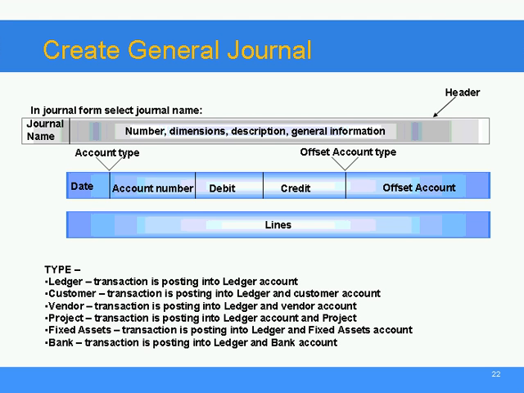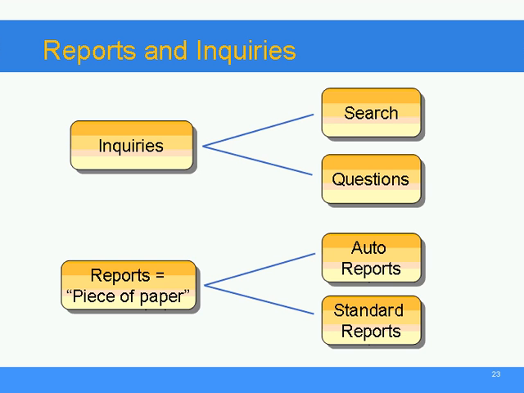If you fill the amount in the credit field, the system generates the amount on the debit side for the offset account. So the system understands that for the offset account, it needs to generate the rest of the amount. Okay, for the offset account we need to set up the account type as well. And now we have types: ledger, customer, vendor, project, fixed assets, bank.